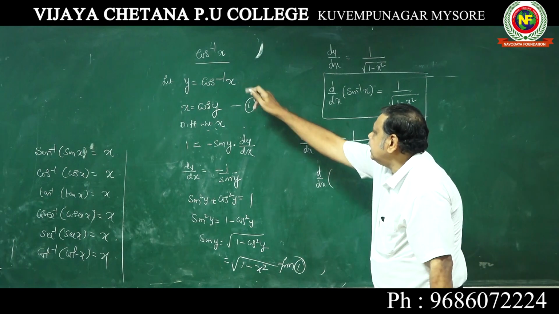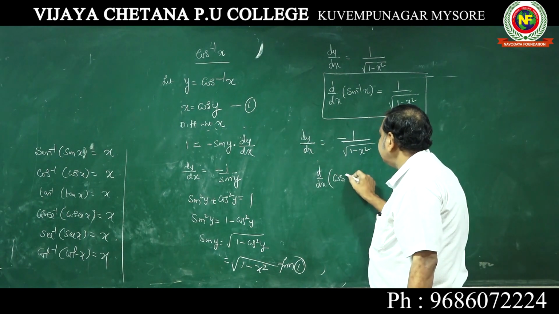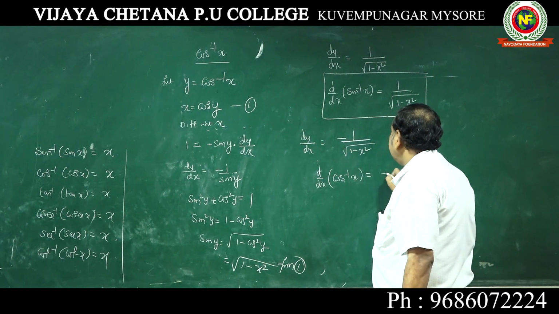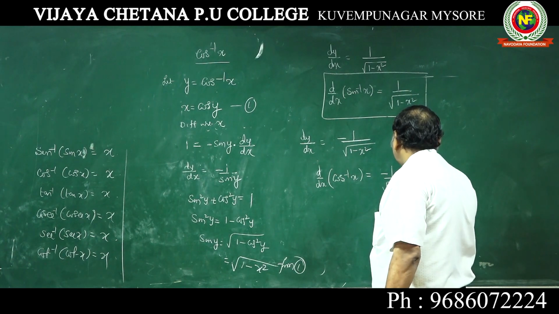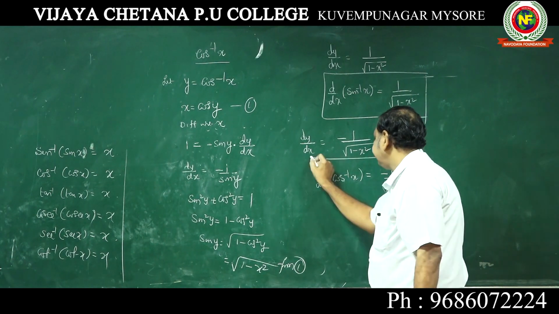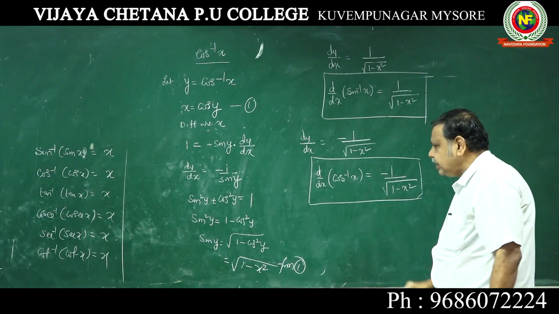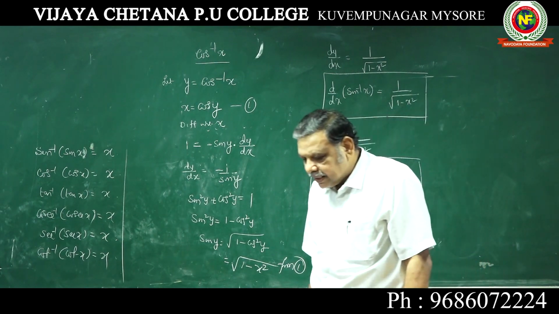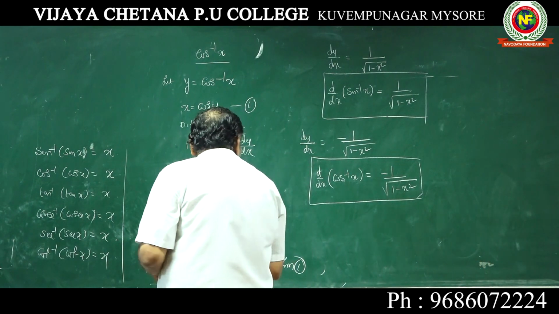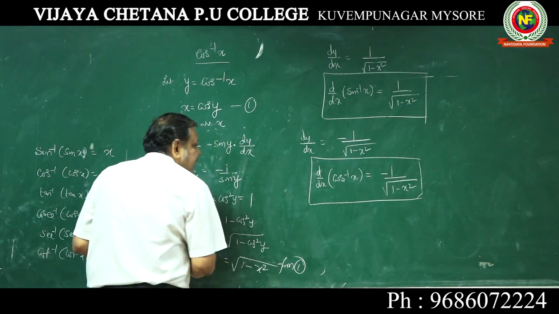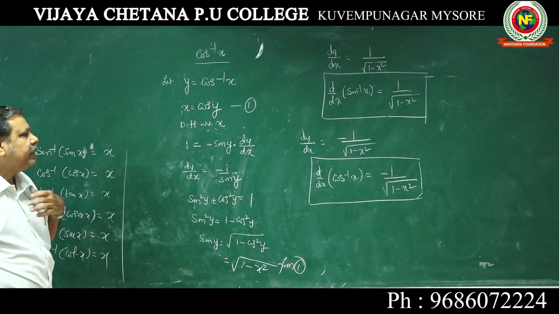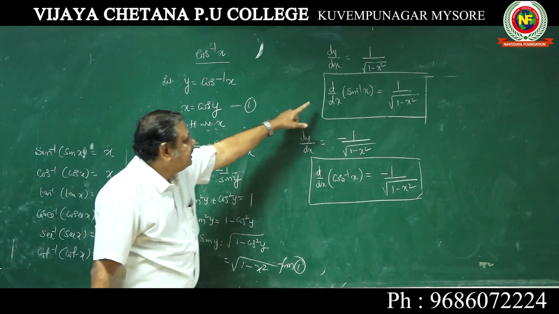Or you can write d by dx of cos inverse x is equal to minus 1 over root of 1 minus x square. Put a box. d by dx of cos inverse x is equal to minus 1 over root of 1 minus x square. You will see the difference between this and this.